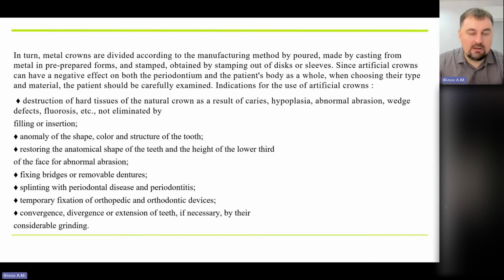Chronic inflammation of the gum or chronic inflammation of the teeth, like pulpitis, periodontitis, parodontitis also. You should never make prosthetics for him before therapeutic treatment, before preparing the teeth for the prosthetics.